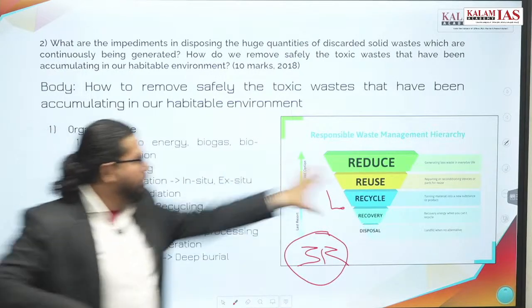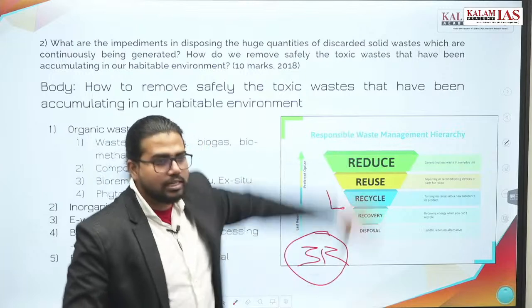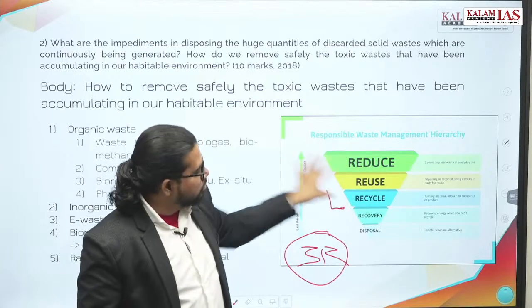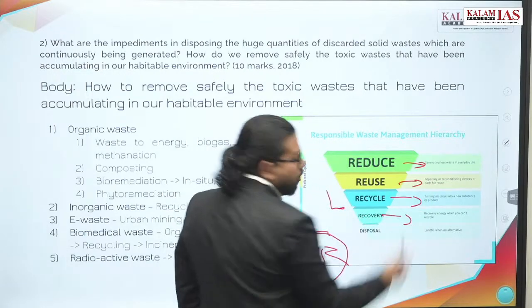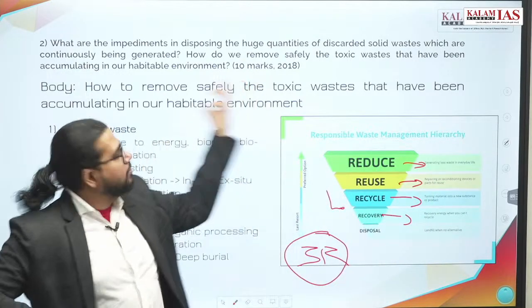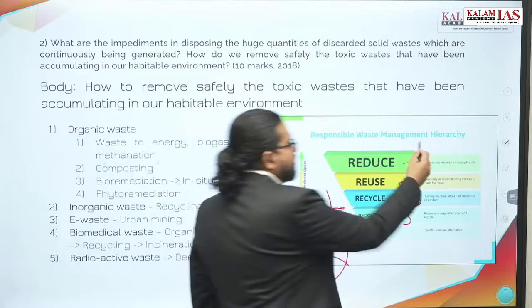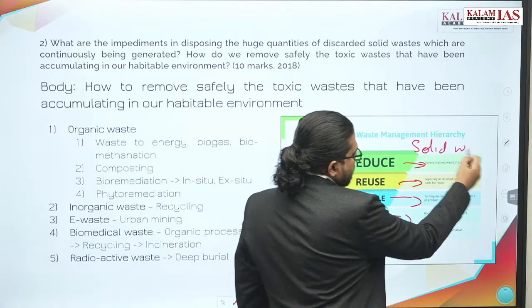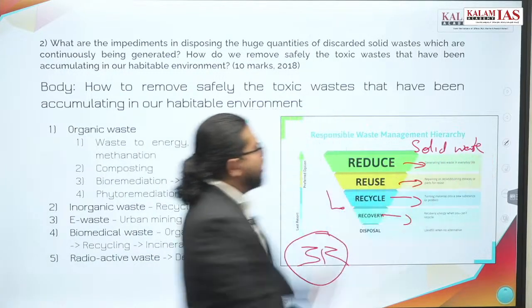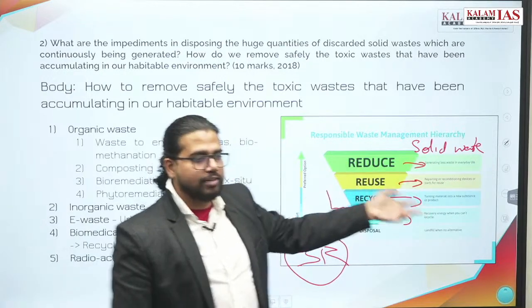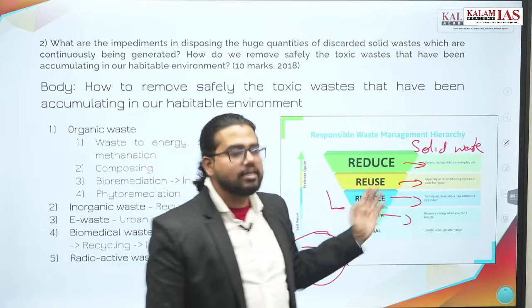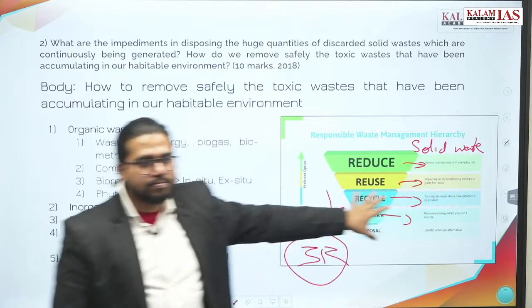Draw this diagram: reduce, reuse, recycle, and then write how you can do this. If this is regarding solid waste, connect it with how you can reduce generation of solid waste, how you can reuse it, how you can recycle it. Give 2, 3, 5 points.